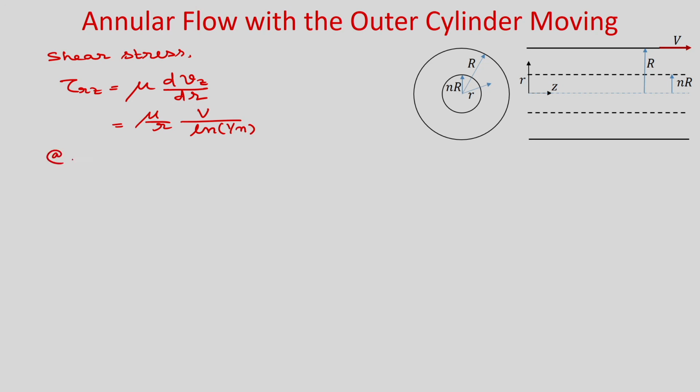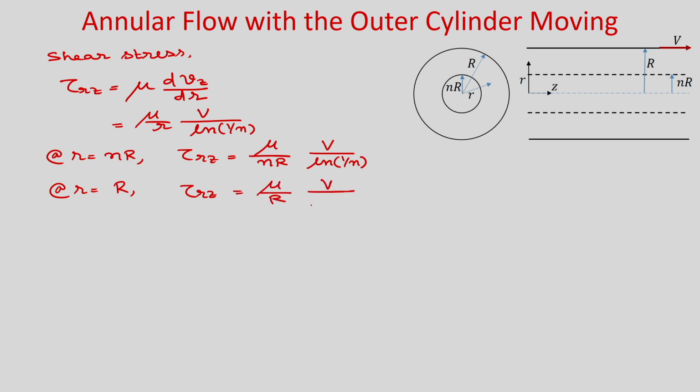At r equal to nR, tau rz will be just mu by nR times v by ln 1 by n, and at r equal to R, tau rz will be mu by R times v by ln 1 by n. If you draw the shear stress distribution, you can see that shear stress will be more on the inner cylinder.